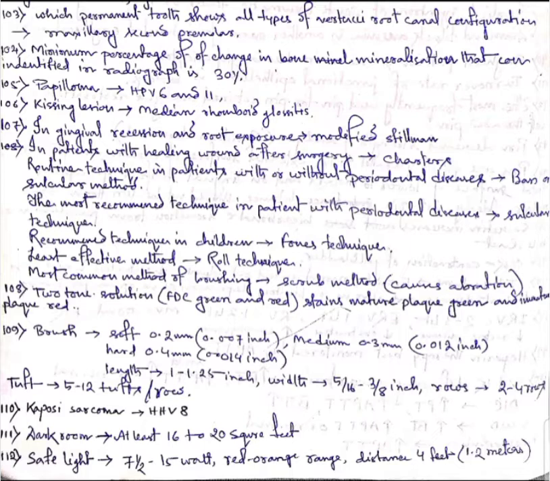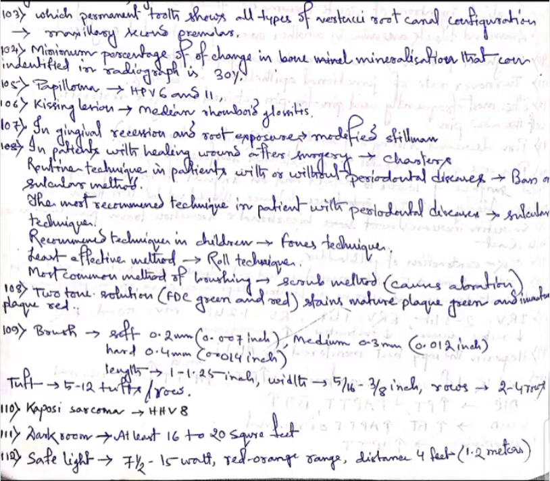Now the causative factor for Kaposi sarcoma is human herpes virus 8. And the recommendation for dark room, it should be at least 16 to 20 square feet.